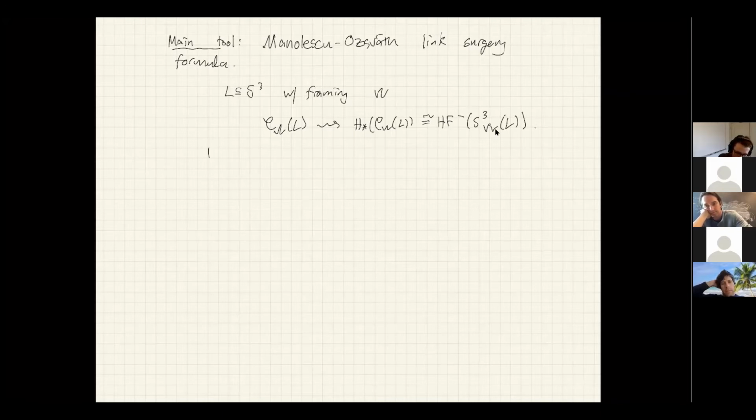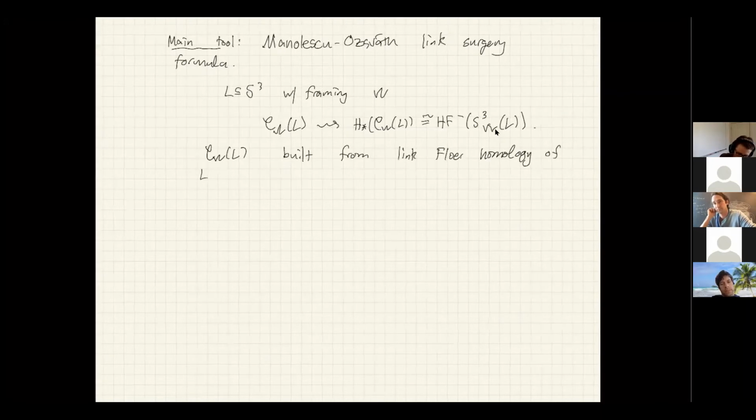That's because it's built from the link Floer homology of L. The generators of this complex are easy to understand, but in general the challenge of doing computations is understanding the differential in the complex.